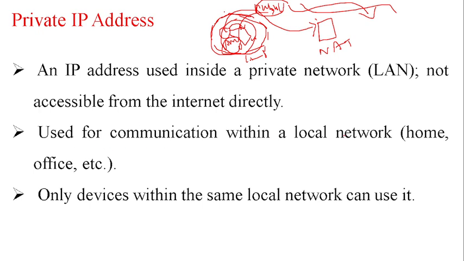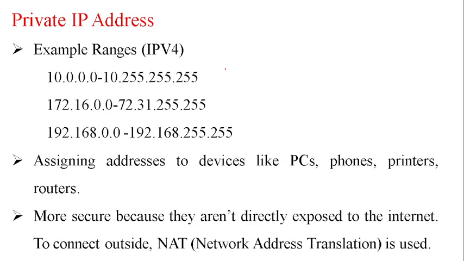These are used for communicating within local area networks like a home or a small office, etc. Only devices within the same local network can communicate using these private addresses, not with different networks. So these are a few ranges of private IP addresses.